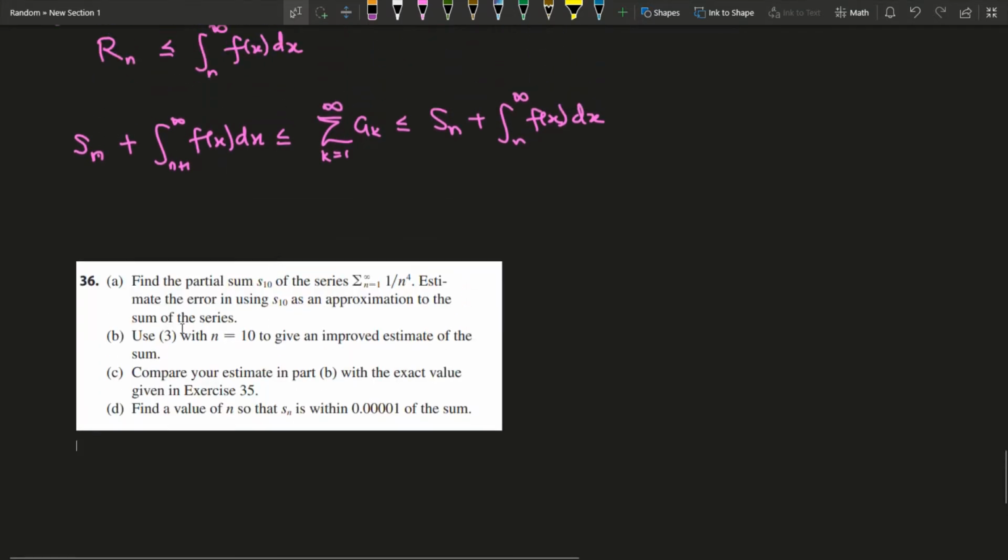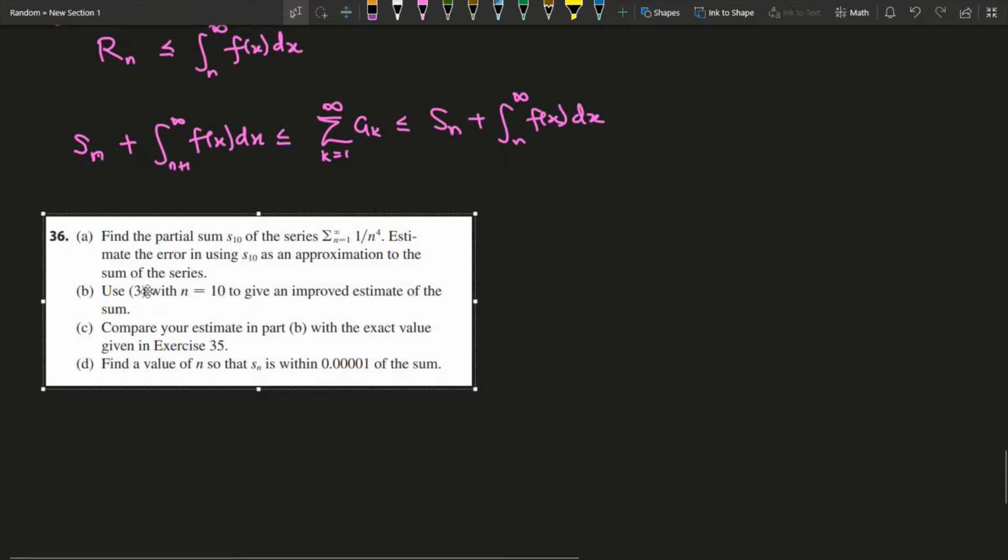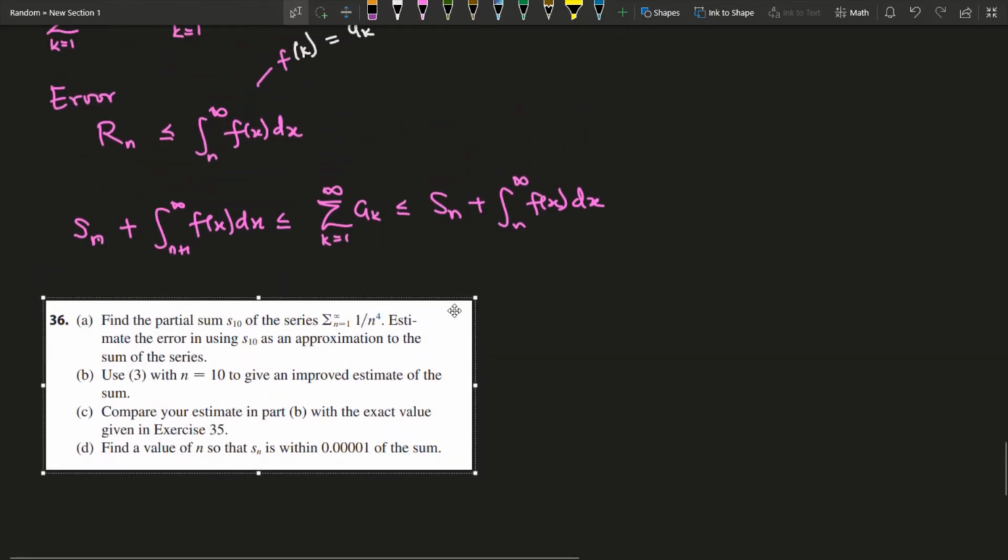This is problem 36 in section 11.3 of Stewart's text. Part A says find the partial sum Sn of the series. So we know that Sn is nothing but what?